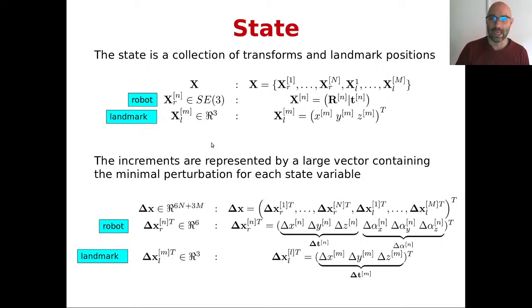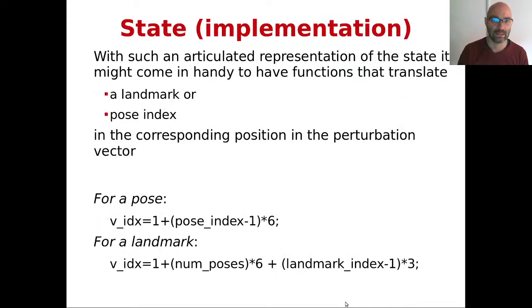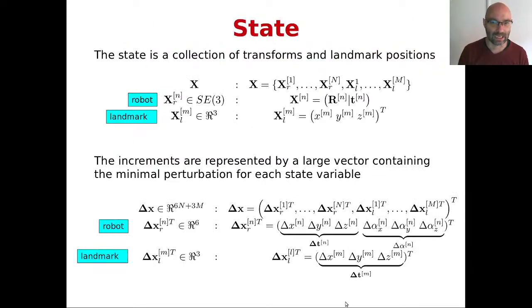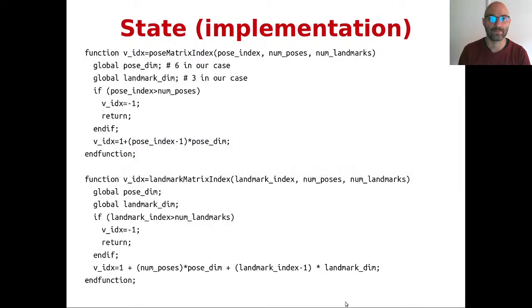Okay? And equivalently, we could define the box plus of the perturbation vector as the application of the perturbation vector of the pose to the respective pose, and the sum of the perturbation vector of the landmark to the respective landmark, as done in the usual way.